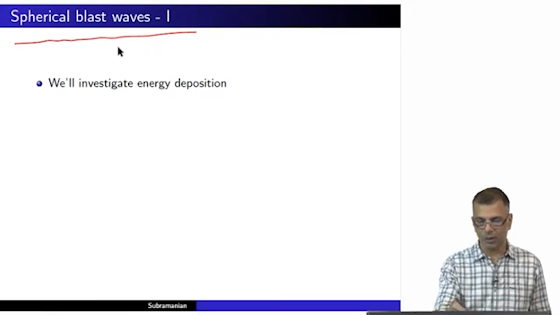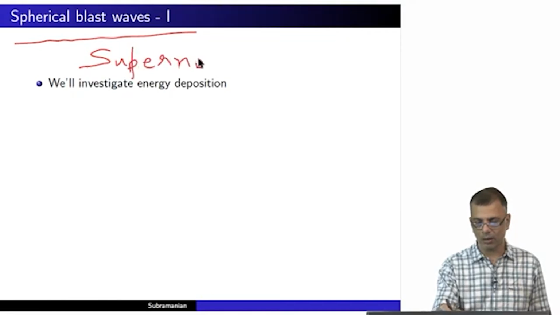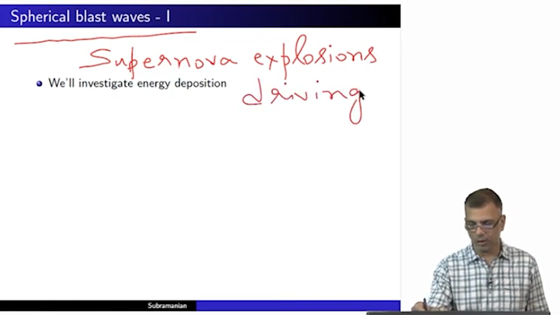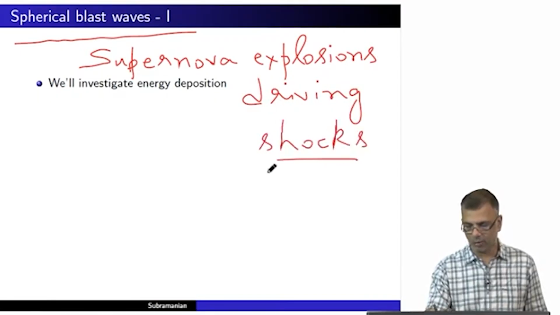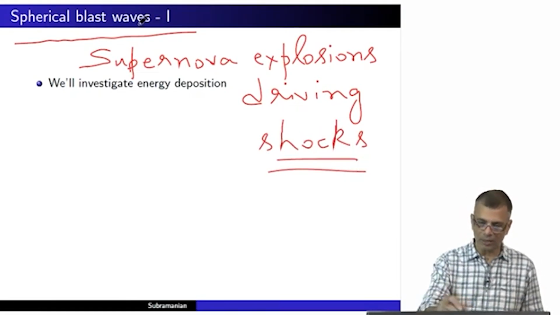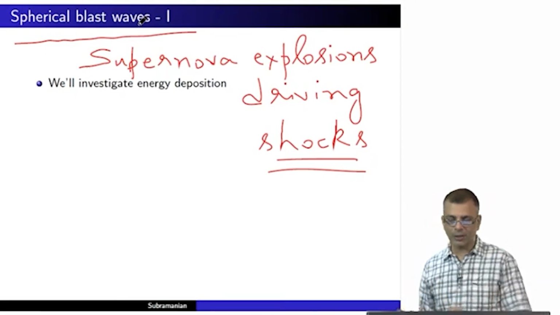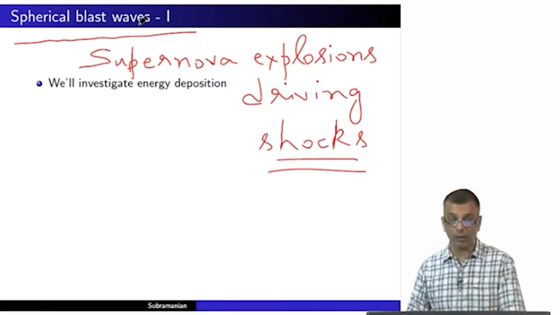So, just to emphasize, we are really talking about driving shocks. What kind of shocks? These kind of spherical blast wave sorts of shocks. Okay, so this is the physical situation we are investigating.